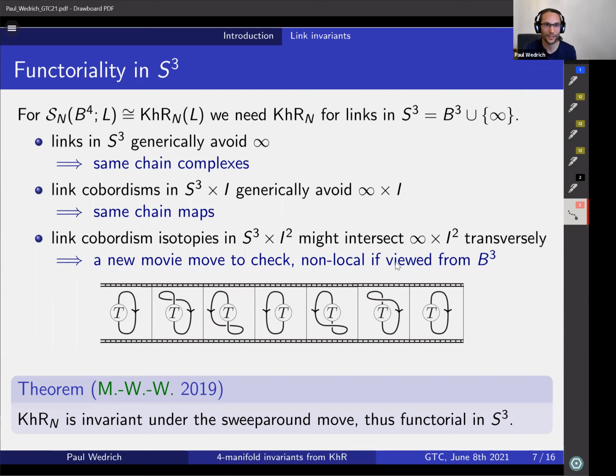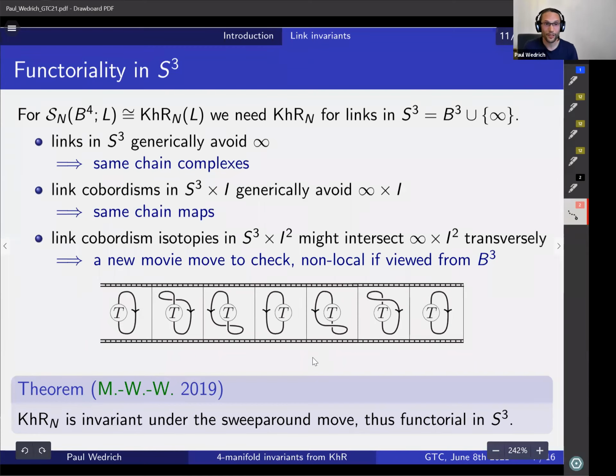So the movie I can formulate entirely in the B3 setting, but if I want this to be a link homology in S3, then I need to take into account that in the 3-sphere case there exists this isotopy which trivializes this move. And so having Khovanov-Rozansky homology for links in the 3-sphere requires that this move holds, that the chain map associated to such a thing is homotopic to the identity.